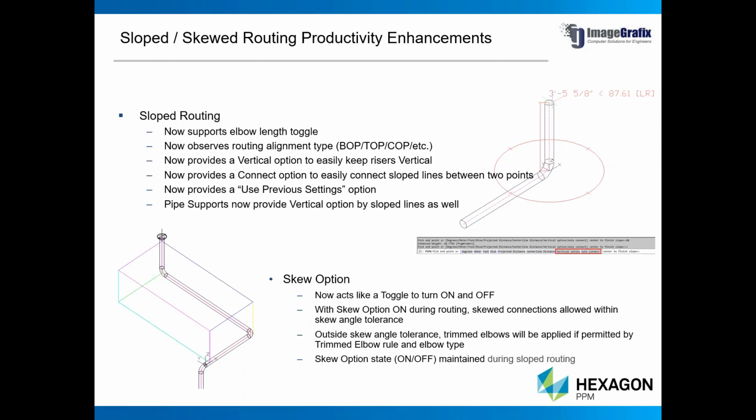Outside the skew angle tolerance, trimmed elbows will be applied if permitted by the elbow rule and the elbow types. And the skew option state, on or off, is maintained during the sloped routing. So when you are doing the sloped routing and also choosing the skew options, the skew option state on and off is maintained.